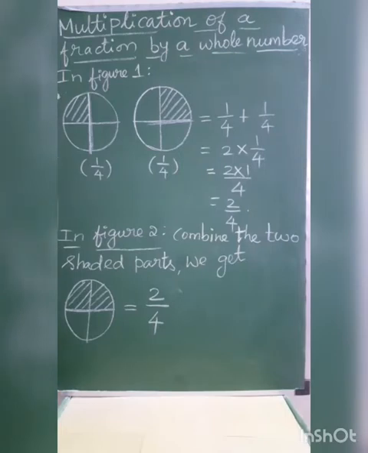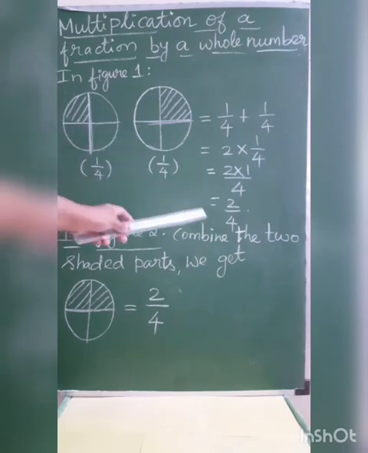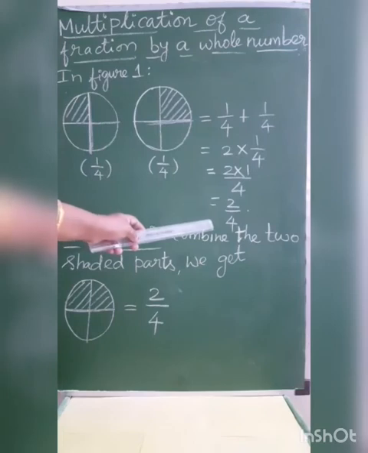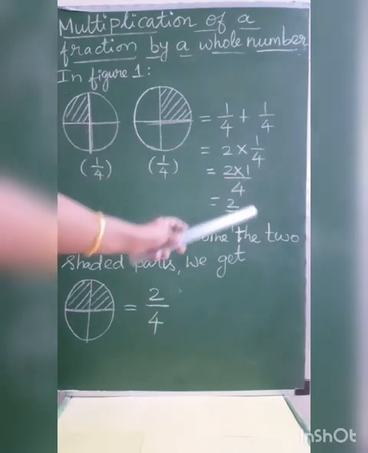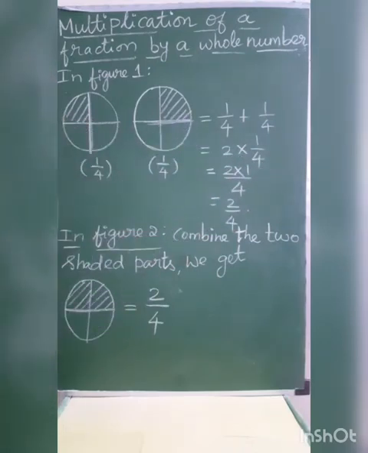Observe this one. In figure 1 there are 2 circles, 1 by 4 and 1 by 4. The final answer of the multiplication of a fraction is 2 by 4. In figure 2, combining the two shaded parts, we get the answer 2 by 4. Is this the same? Yes, it is the same. So 2 into 1 by 4 and 2 by 4 are the same.